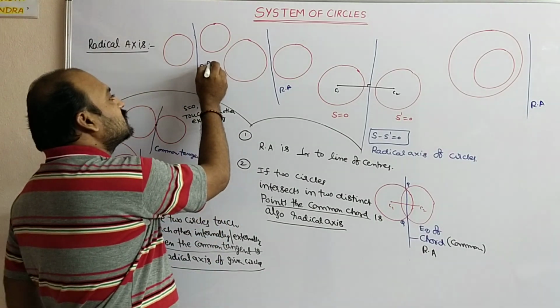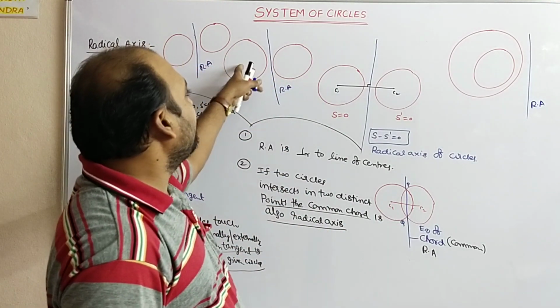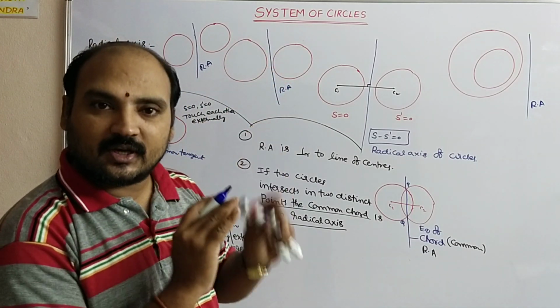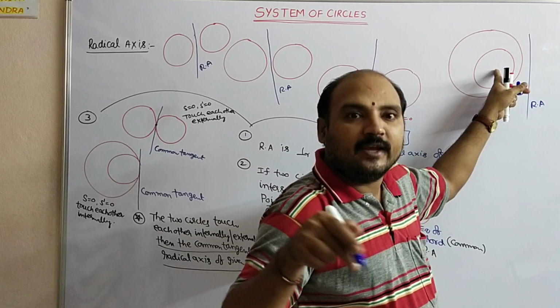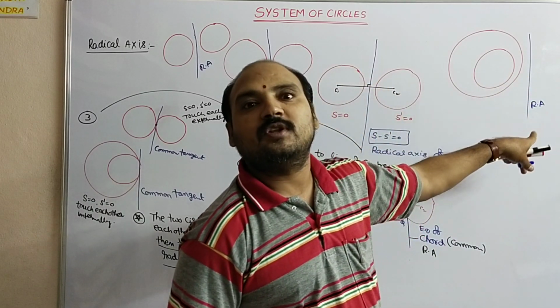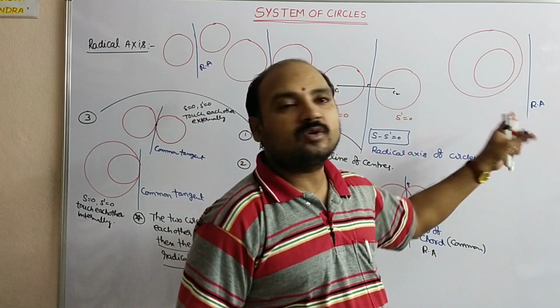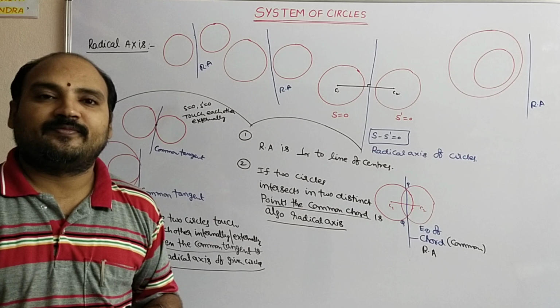When the two circles do not intersect, the radical axis is in between the two circles. Suppose one circle is completely lying in another circle, the radical axis is outside of both the circles. This is also an important point regarding the radical axis.